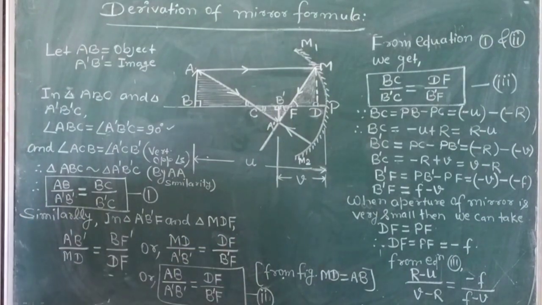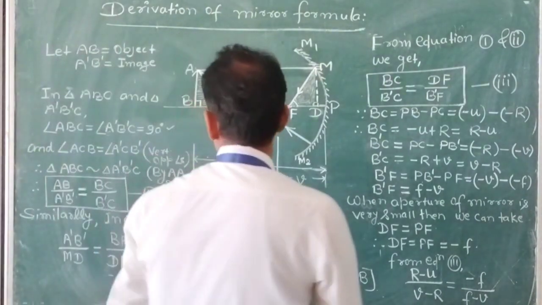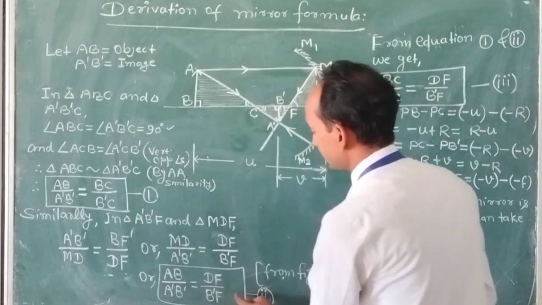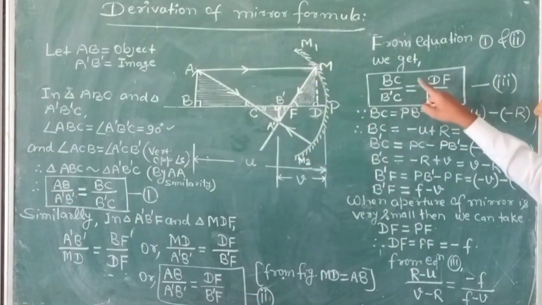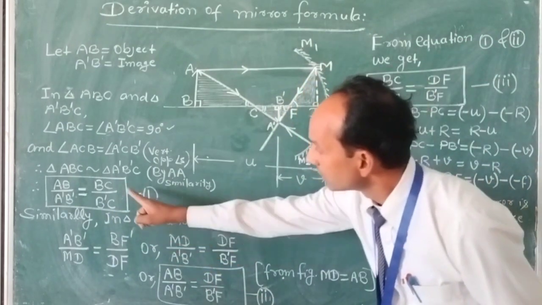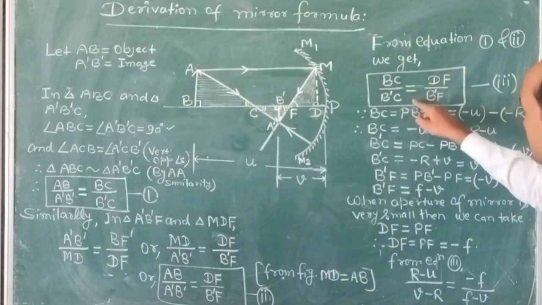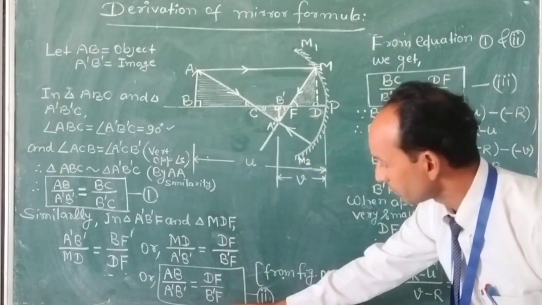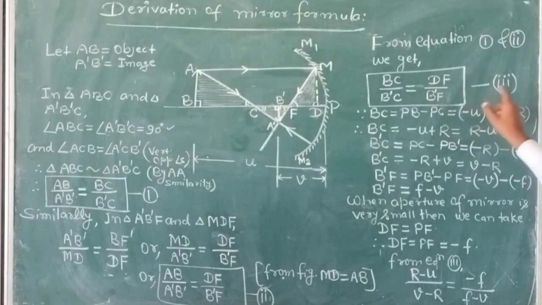This is equation second. Now we see that the left side of equation first is equal to the left side of equation second. Both are the same. Therefore, we can equate the right sides of these two relations, and we get BC upon B dash C equals PF upon B dash F. This is equation third.